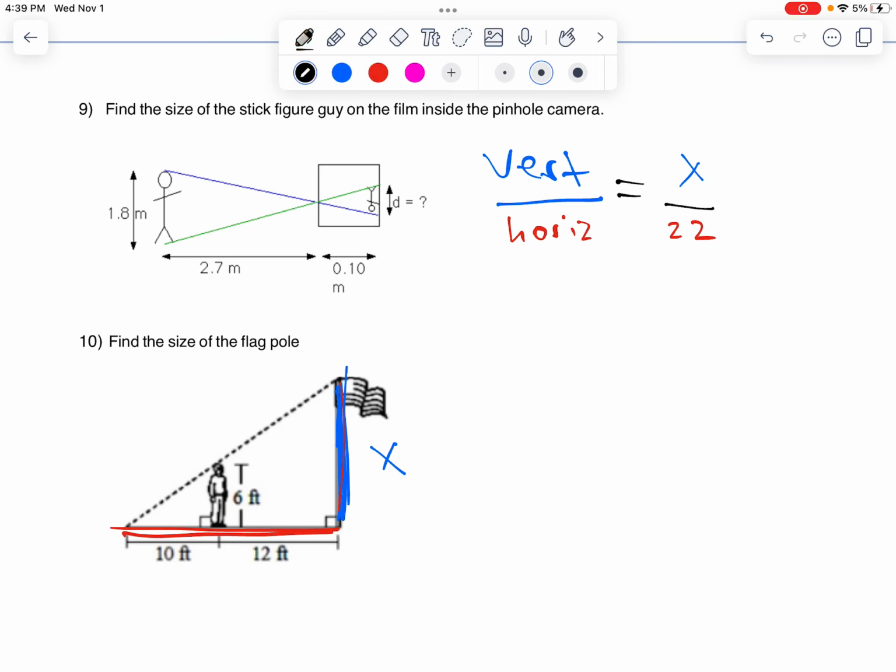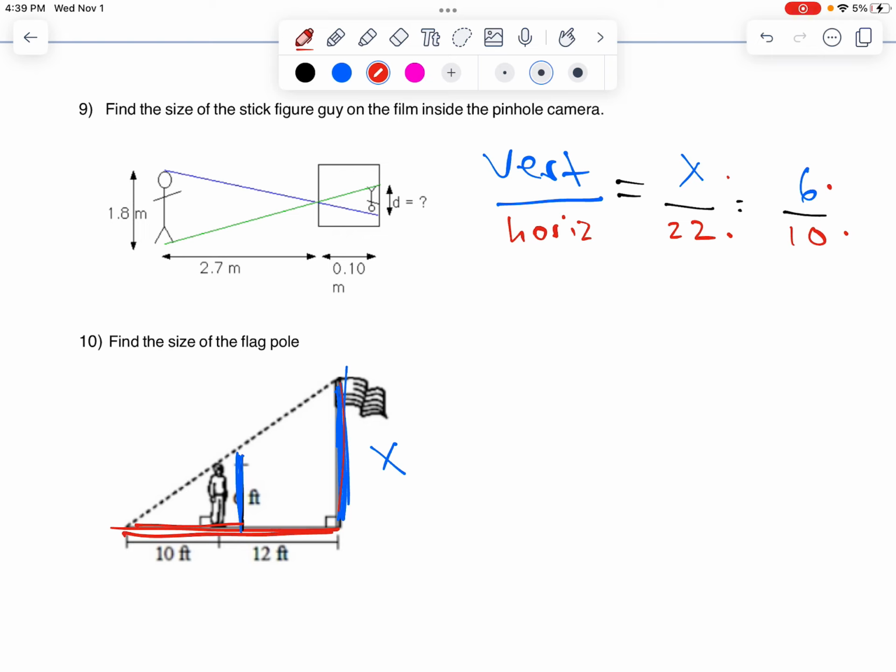And now we have the man here. Now the man, we have his vertical distance. He is 6 feet tall. So that's 6. And now the shadow he casts is 10. So a 6-foot man casts a 10-foot shadow. So an x-foot flagpole casts a 22-foot shadow. Those are going to be proportional.